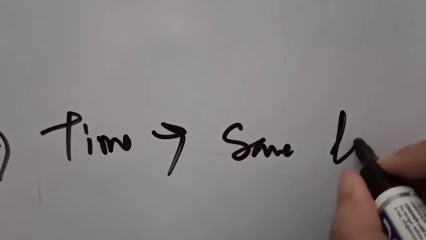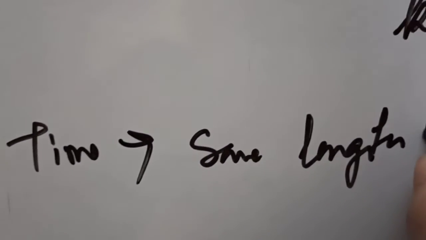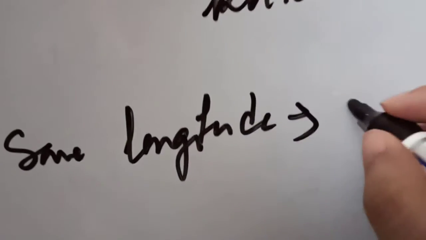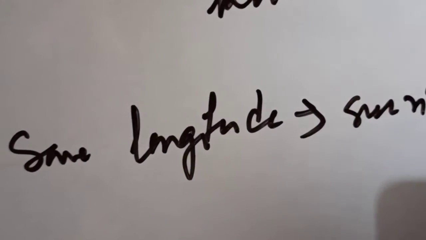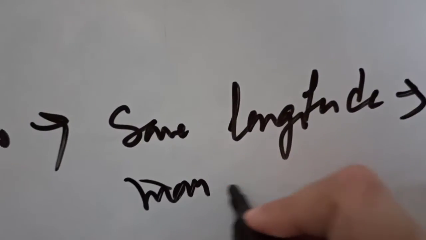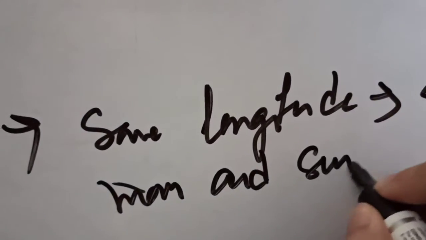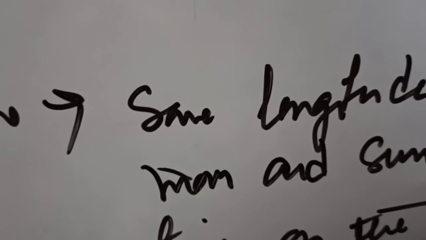Next, point number 2 is time. All the places on the same longitude have the same time, have the sunrise, noon and sunset at the same time. So they have the same local time, or the noon time.